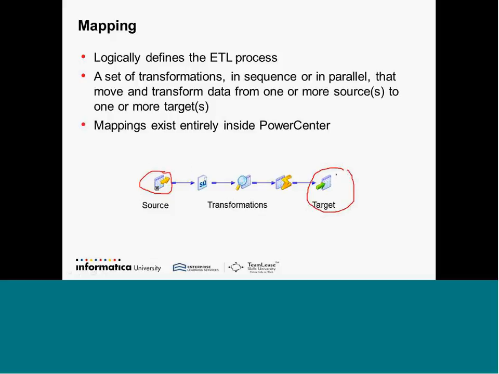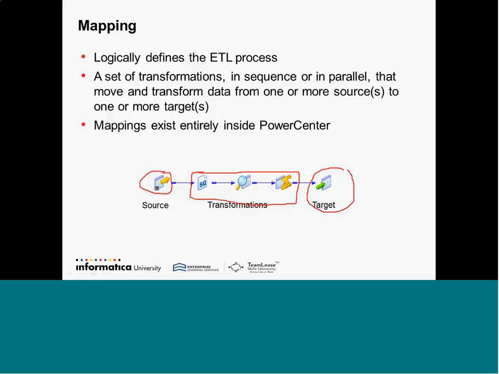We use transformations to transform the data according to the target requirement. We offer a lot of transformations in Informatica to transform your source data into the required formats. Like in the case of Avro, your source format is binary, and this binary data will be converted into a hierarchical format. Then this hierarchical format will be converted into a relational format. That's how Informatica typically works for us.